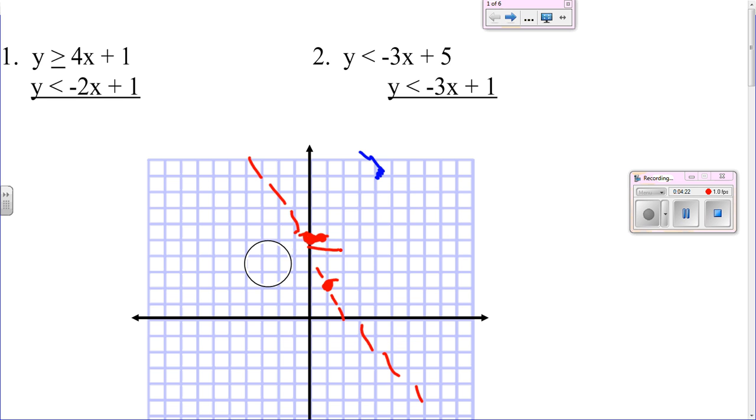There we go. Okay, so your second line then starts at 1. So you go up 1, make a dot. And from there you go down 3 over 1.